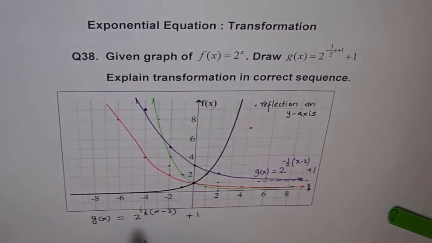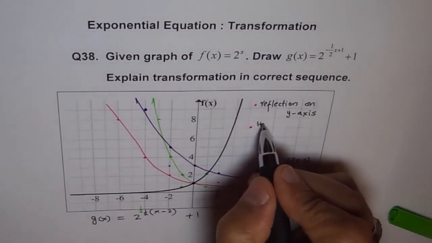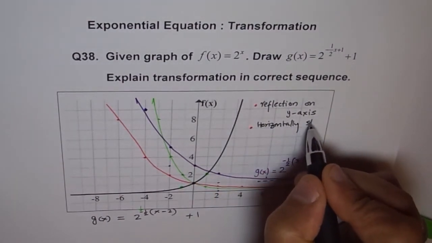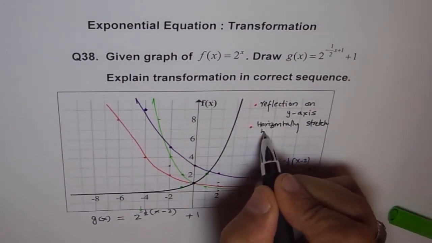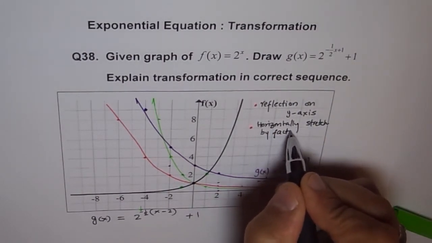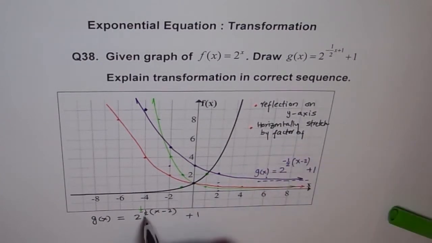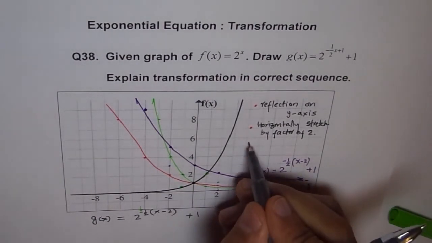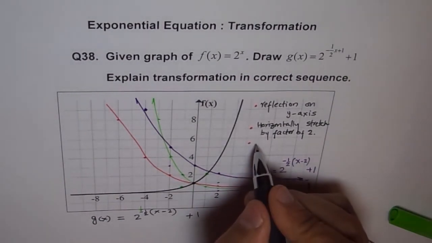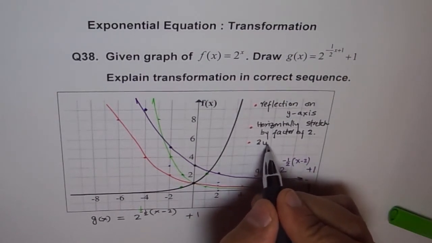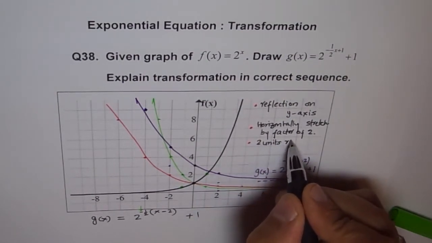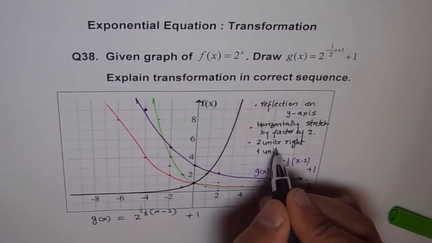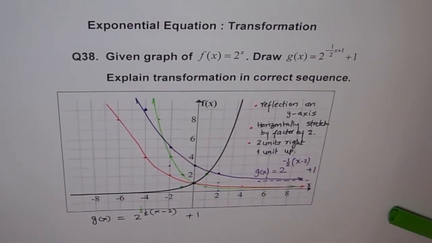Second, horizontally stretch by a factor of 2. 1 over half, that is by a factor of 2. And then how about the translations? I'll say translate 2 units right and 1 unit up. Is it okay?